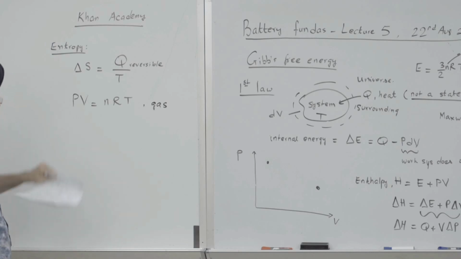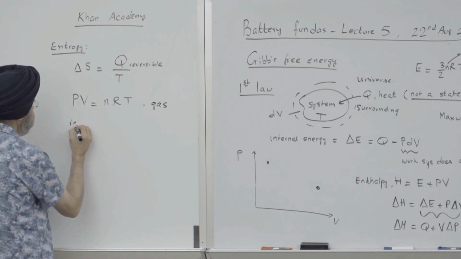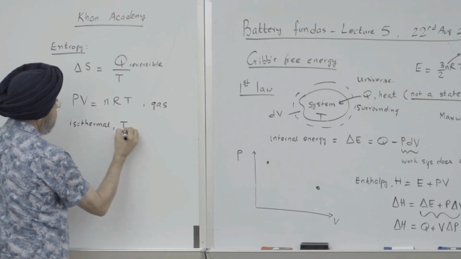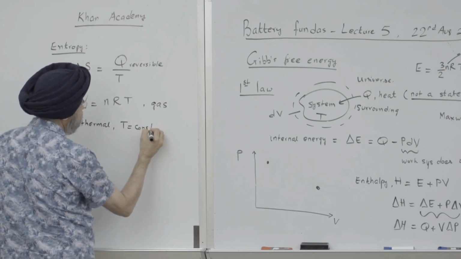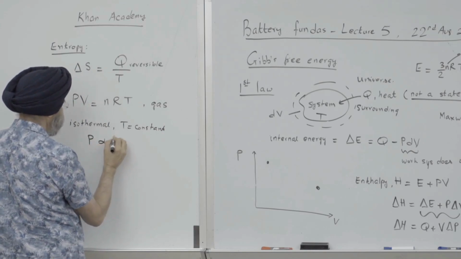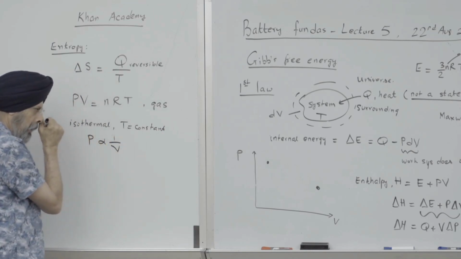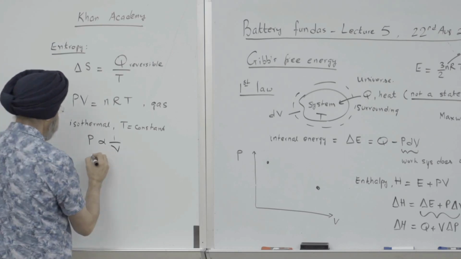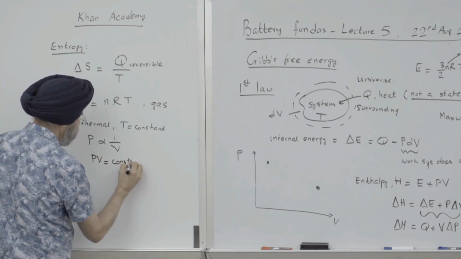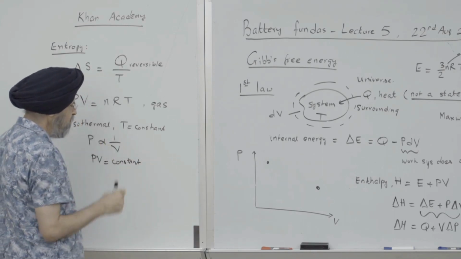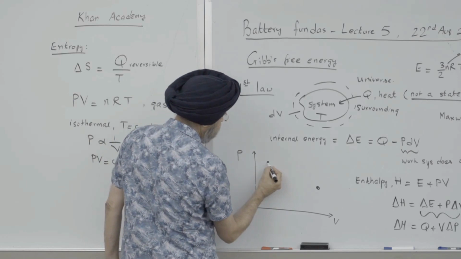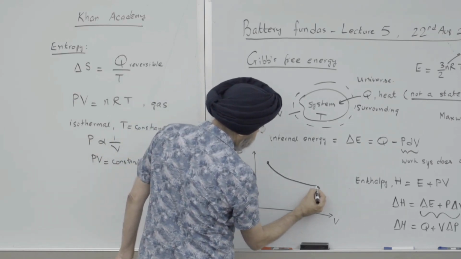So if I have an isothermal system, meaning temperature is constant, then P is inversely proportional to V, or I can say the PV product is a constant. So if I were to plot PV, the curve would look like this.